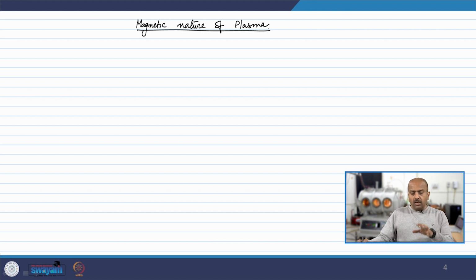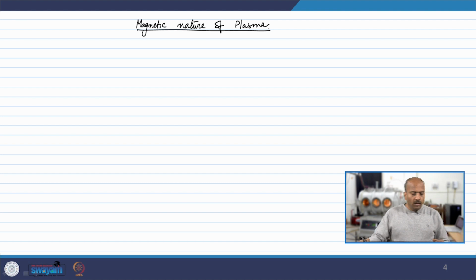So, now let us try to understand what kind of magnetic material is plasma. Is it a ferromagnetic material or a diamagnetic material or a paramagnetic material, right. The sign and the magnitude of the susceptibility actually gives away the information about the magnetic nature of any material.